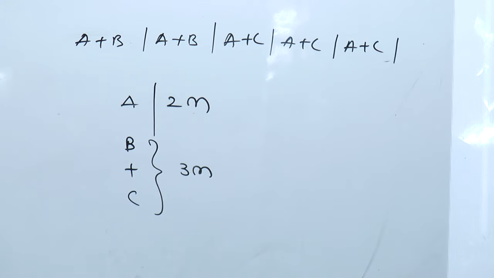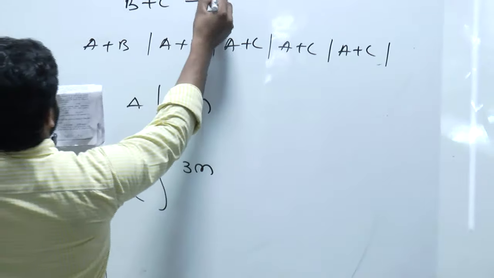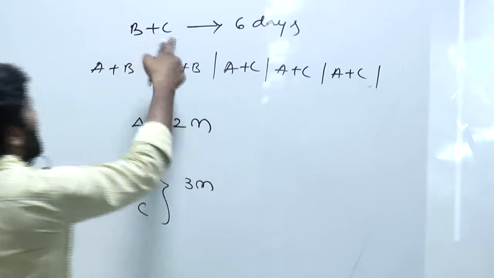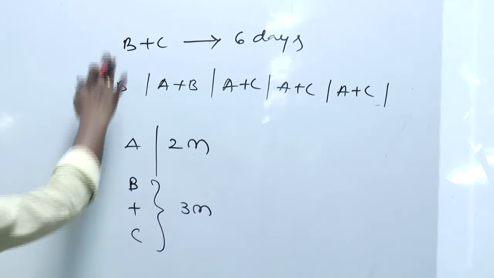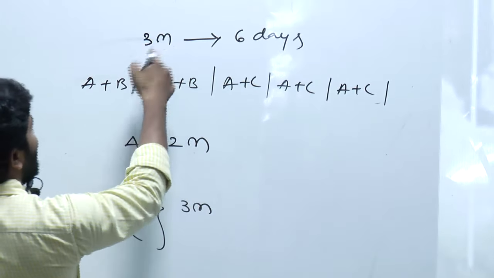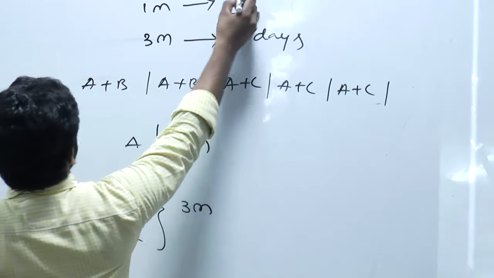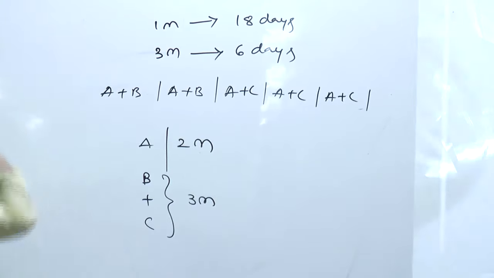Now, A worked for how many days? 5 days. And it is given that B and C can complete the work in 6 days. B and C is the efficiency of 3 men. So 3 men can complete the work in 6 days, 1 man can complete the same work in 18 days. That's another information. Keep it aside.